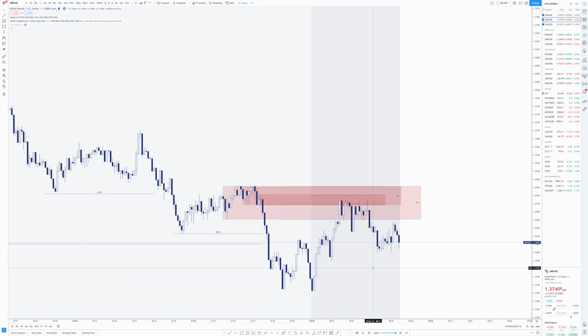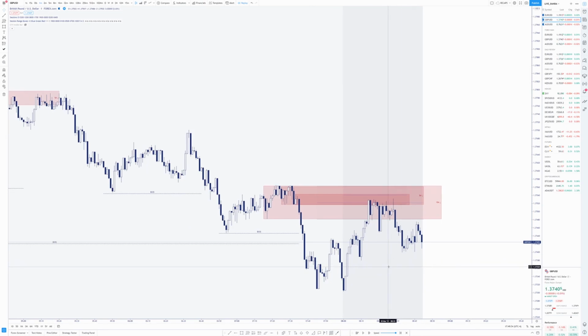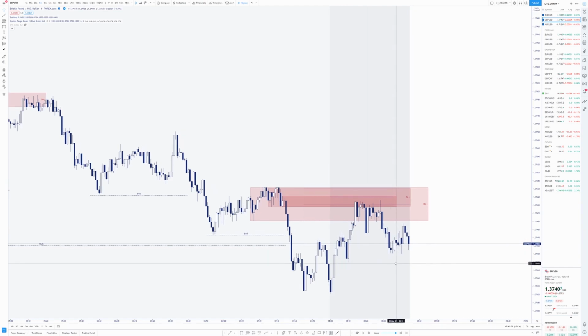This is mostly for you newer traders out there. For those of you that have that type of experience and you're able to sort through all of these 1-minute zones, that's fine.